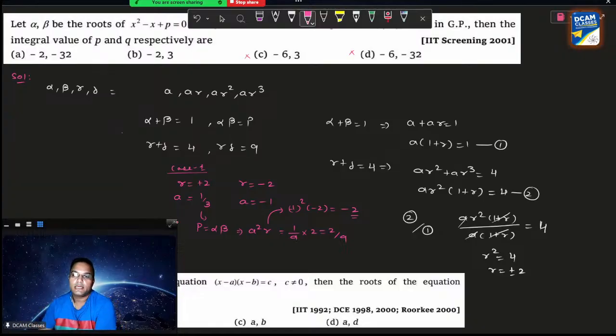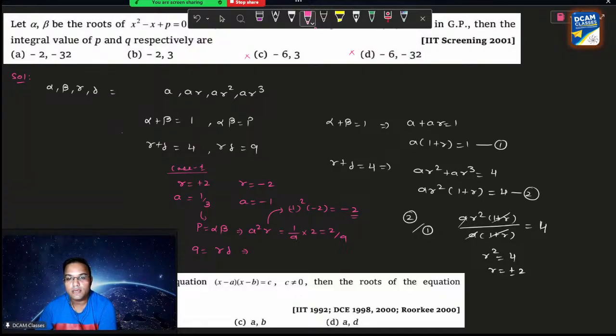Now similarly get the value of Q. It was actually very easy. I don't understand why you are feeling it difficult. It's IIT screening, but it's not IIT level, it's JEE main level. Now if you try to find Q, Q is gamma delta. Gamma is ar square, delta is ar cube.